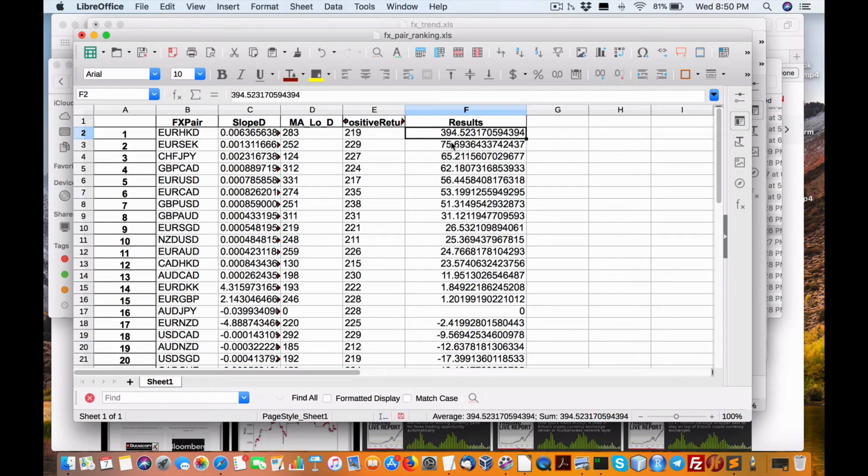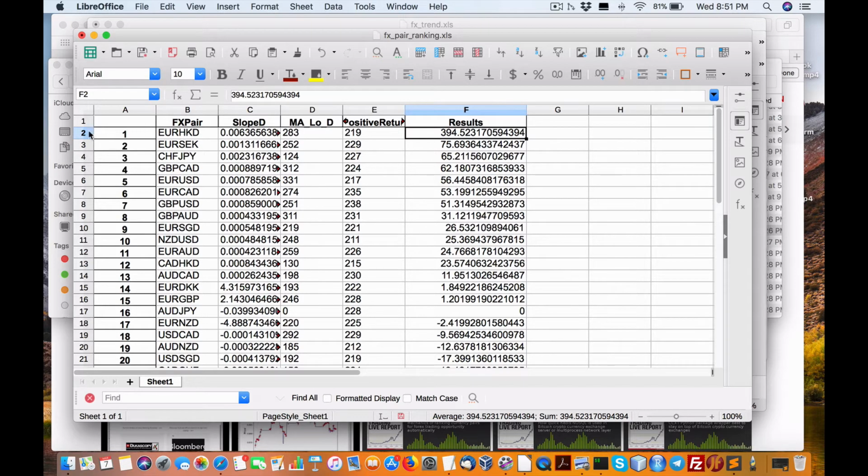But you can see the degree of amount that you would want to allocate on a trading day. We'll take a look at that in a minute for your trading day. So because you have a result of 394 and 75 and 65, it helps to just show the importance of how you allocate your capital for the next trading period.